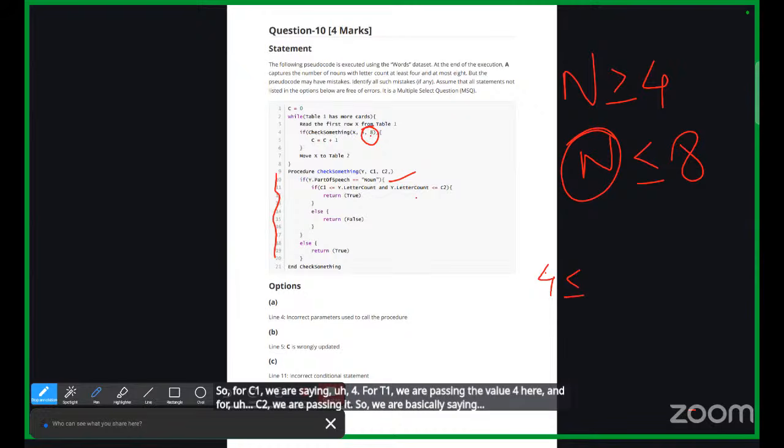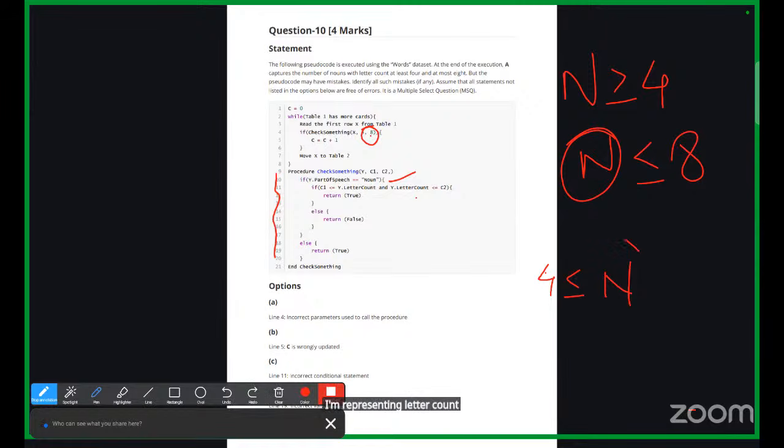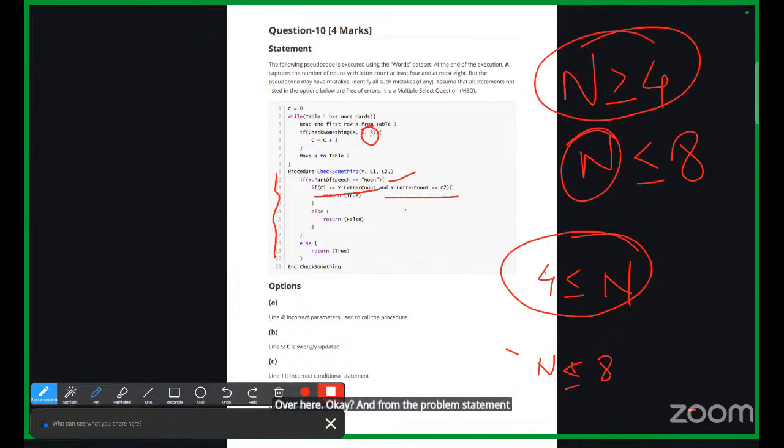I'm representing letter count using n, so we are saying 4 less than or equal to n, and then n less than or equal to 8. From the problem statement we got this part. So this looks correct, right? Yes, correct.